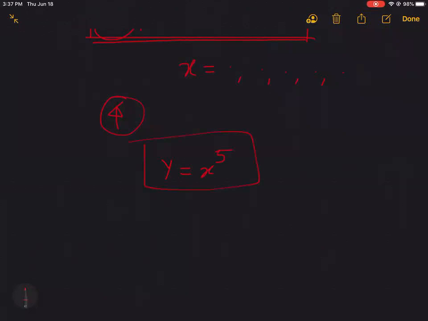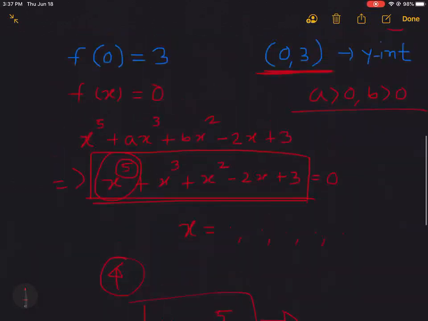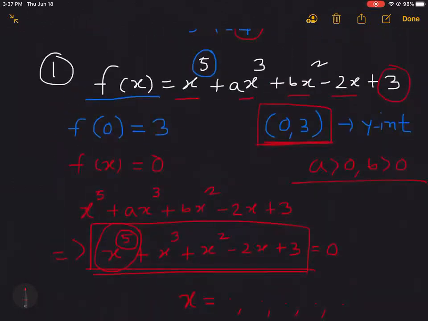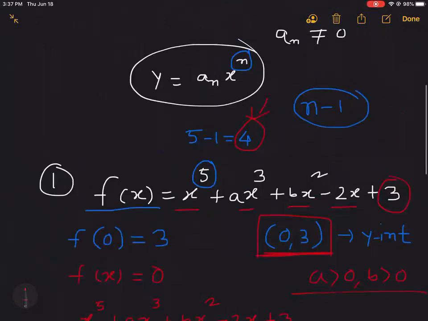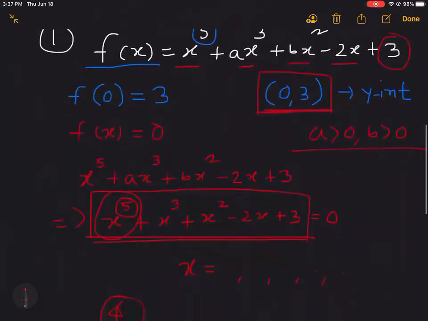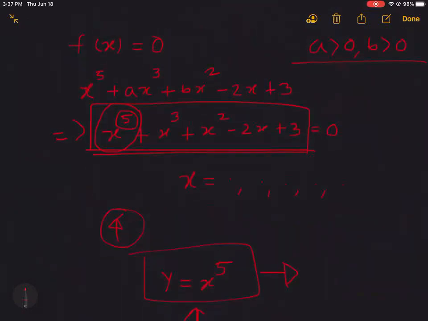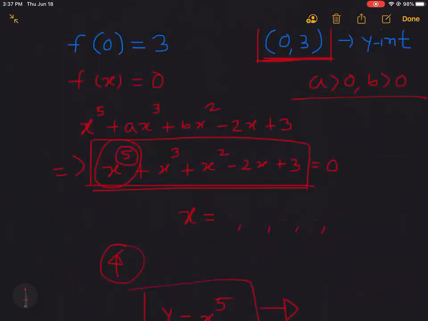I'll soon show you one example of it. This graph will be given. So once you know this, that this looks like x to the 5th, okay, and you know it intersects at this point, and you know it has 4 turning points, you'll be able to identify which graph actually is this.